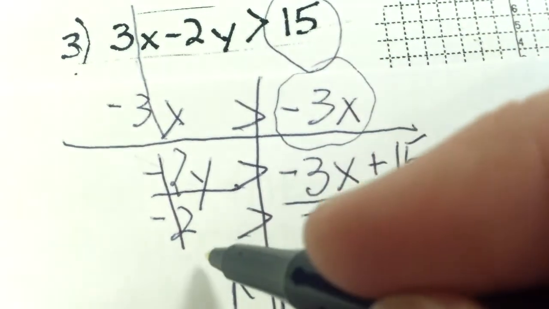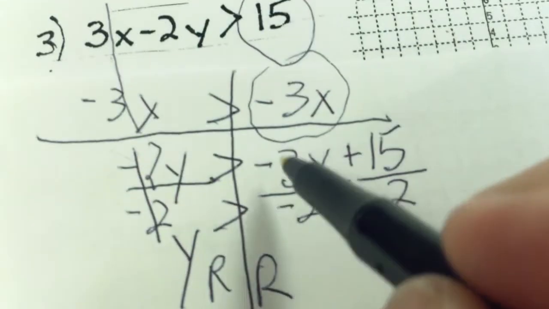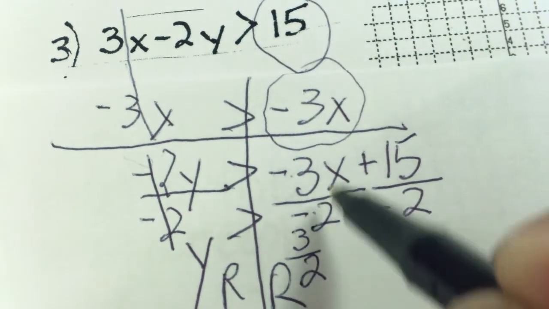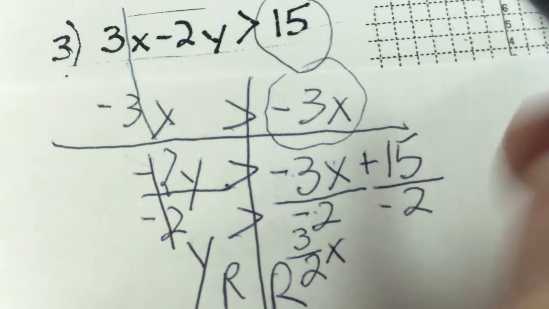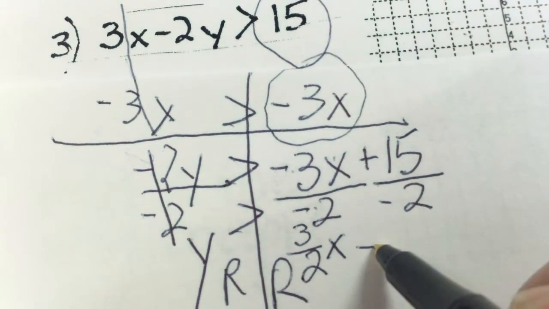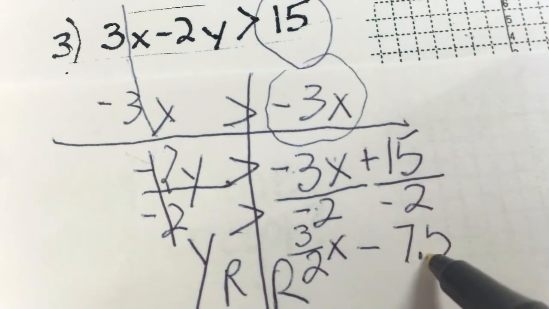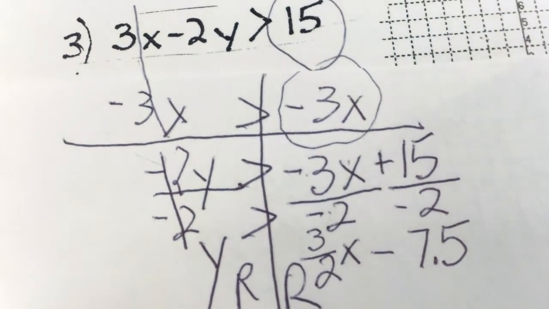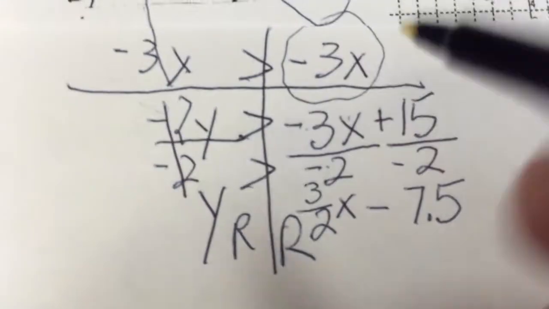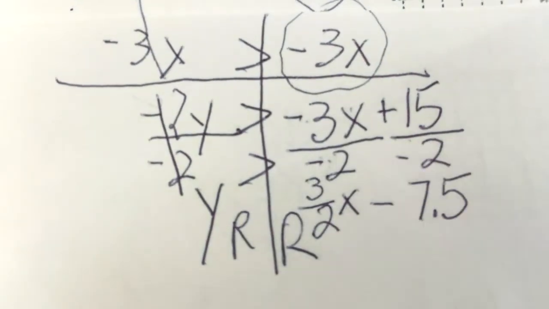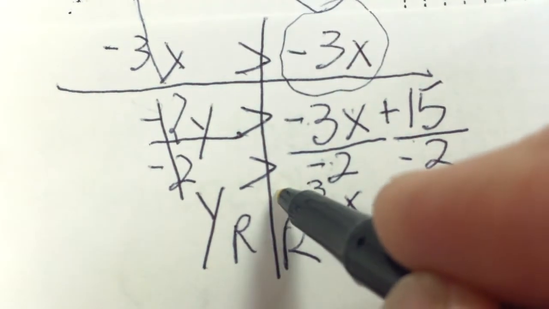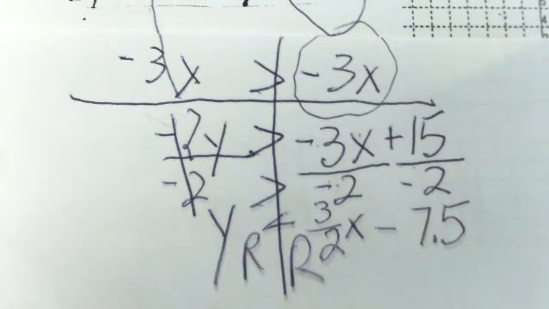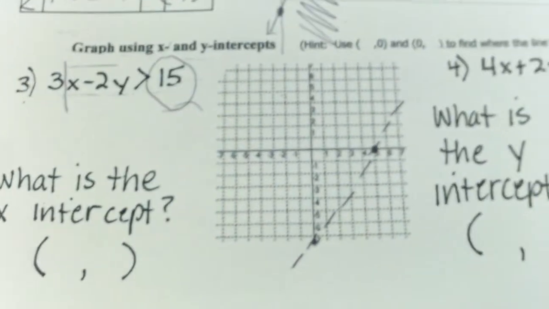There's one whole times y is y. Negative 3 divided by negative 2 is a positive 3 over 2 x minus 7.5. Okay, but look, I divided everything by a negative 2. I have to flip my inequality symbol, so it's less than. So I've already graphed it using my x and y intercepts.